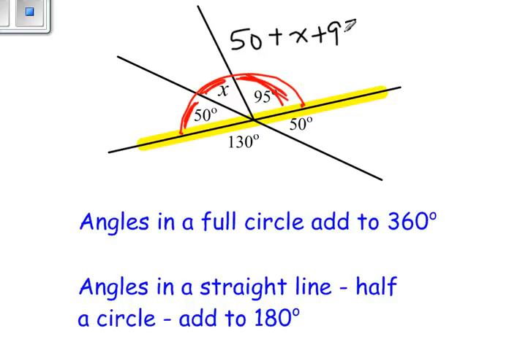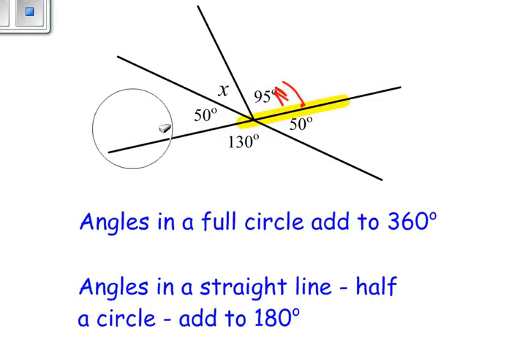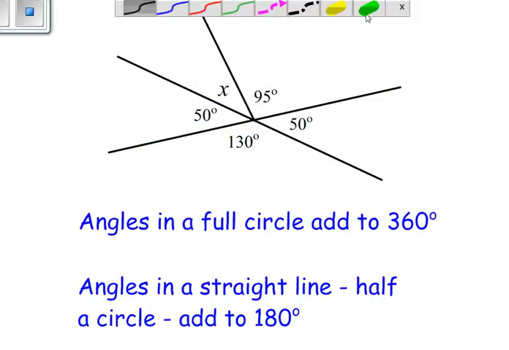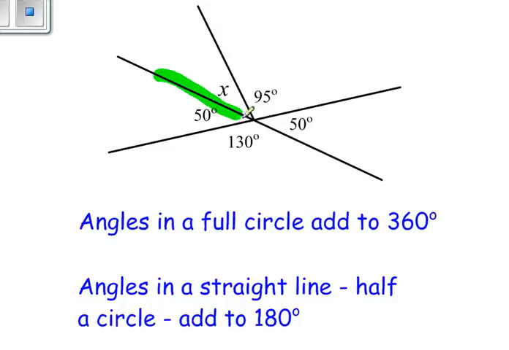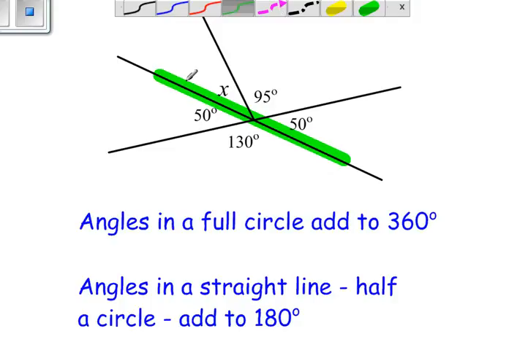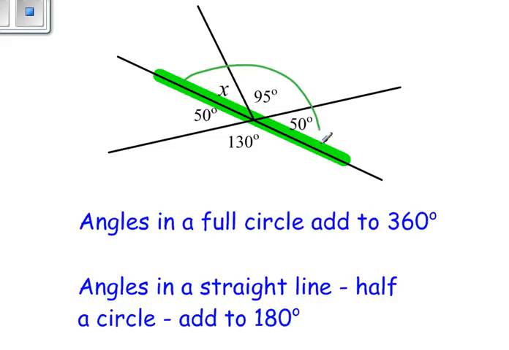Again, that's not the only thing you could have done. You can also have noticed this straight line and said, well, that straight line means that from here over to here is 180 degrees. And therefore this plus this plus this is 180. So x plus 95 plus 50 is 180 degrees.